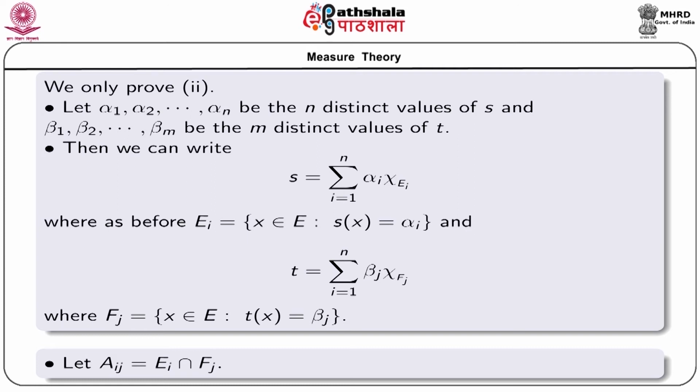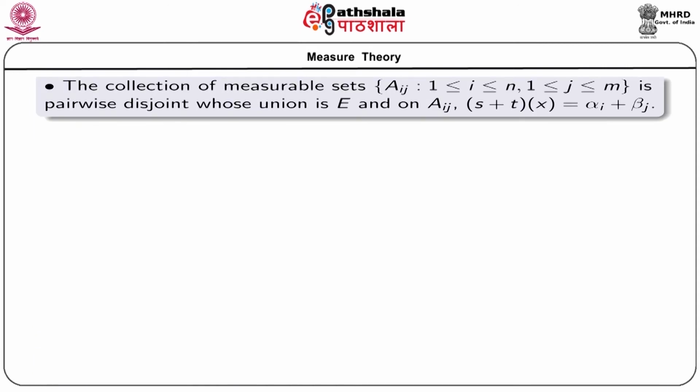Then A i j is also measurable, and the collection of all measurable sets A i j, where i runs from 1 to n and j runs from 1 to m, are obviously pairwise disjoint and their whole union is the set E, and on the set A i j, S plus T takes the value alpha i plus beta j.